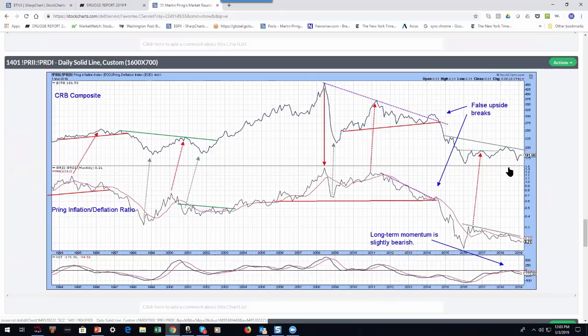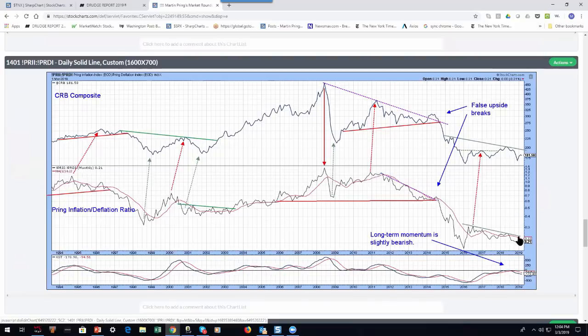Right now, I think we're in a bearish trend for commodities because we're below the moving average, and the KST for the ratio is in a declining trend as well. So I think the balance of evidence is pointing to the downside for commodities, but it's not unequivocal at this point. It's fairly evenly balanced.